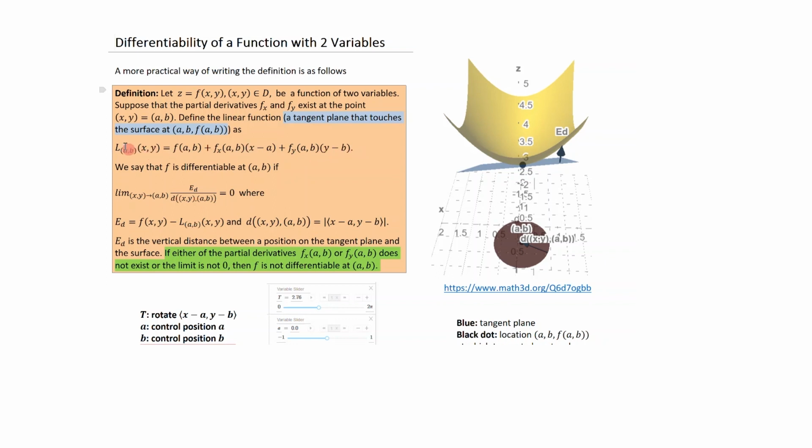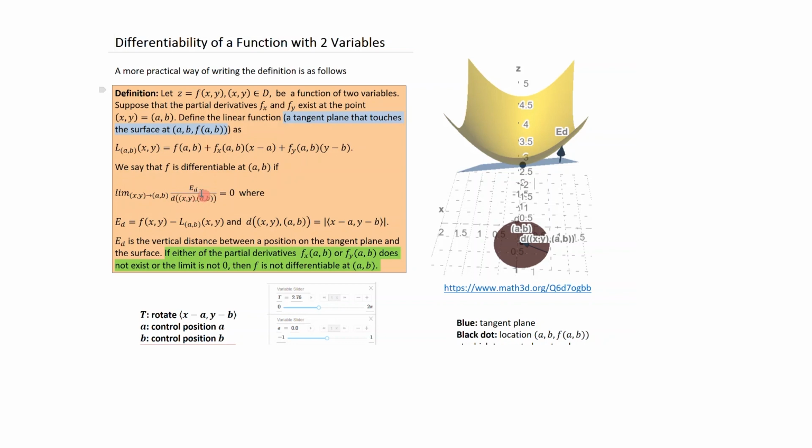This expression looks very similar to what we saw very early in the course when we discussed the equation of a plane. The partial derivative f partial x has to be computed, and f partial y has to be computed. Then we say that f is differentiable at (a, b) if the following limit is 0.